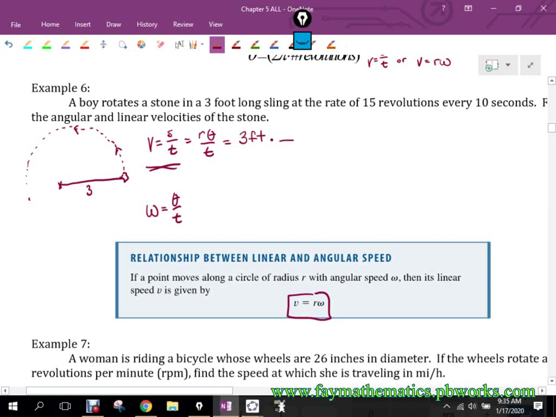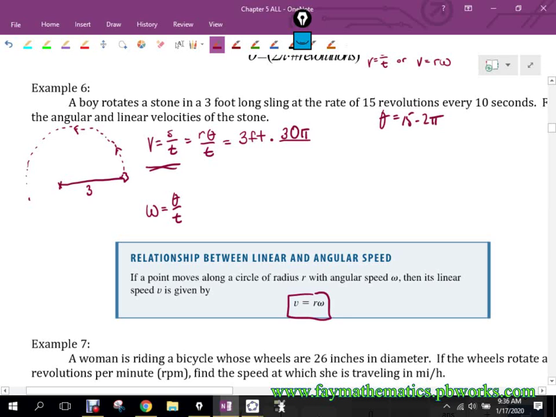Now theta, remember, theta is the number of revolutions times 2 pi. How many revolutions take place here? 15. So 15 times 2 pi would be 30 pi.